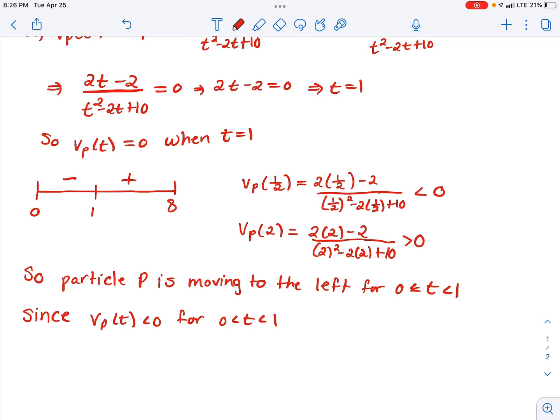Okay. So that's where we would get the particles moving to the left.